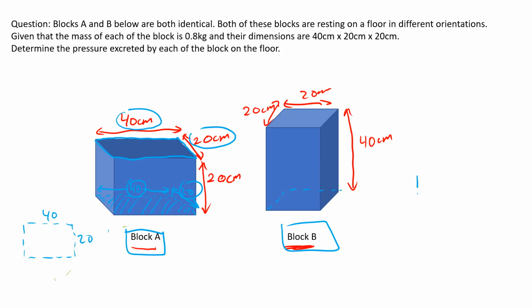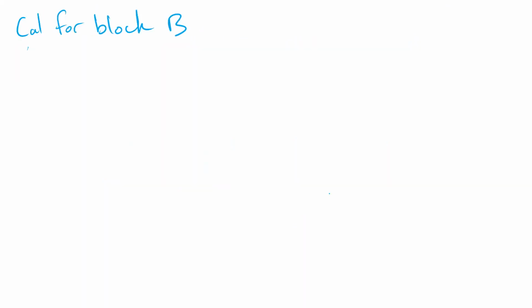So this will produce a square shape, and this will be 20 cm by 20 cm. So this is where block B is sitting on the floor, of course.